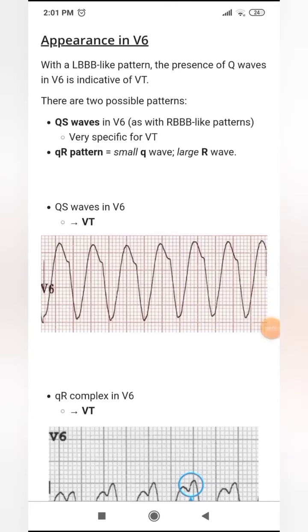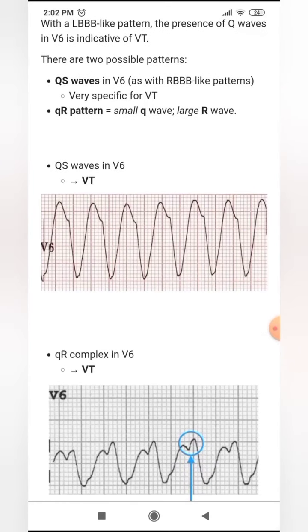Now again, this point we have already discussed in our algorithm, that with an LBBB like pattern, the presence of Q waves in V6 is indicative of ventricular tachycardia. There are two possible patterns. The number one is capital QS waves in V6, which is shown in the upper figure here, the deep downward waves. Such waves are called the QS wave.